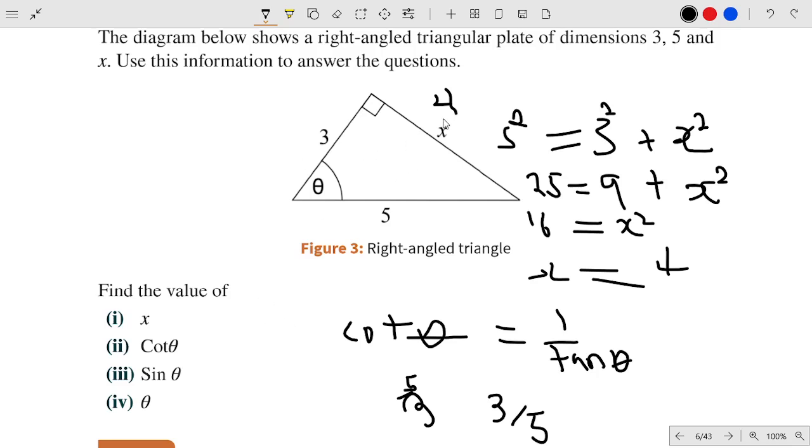So we're going to get this side is 4, so we have 4 on 3. Okay, 4 on 3. So it means that the cot theta will be equal to what? This is not correct here. So let's rub all this out and do it again.